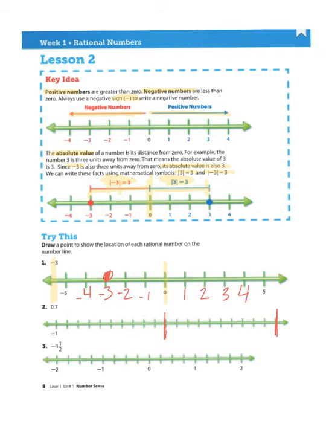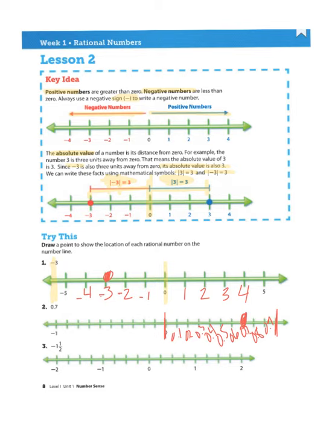So after 0, we would have 0.1, 0.2, 0.3, 0.4, 0.5, 0.6, 0.7, 0.8, 0.9 until I reach that 1 whole number. It's hard for me to write small, but just to show you. So 0.7 you would drag to your spot on the number line.